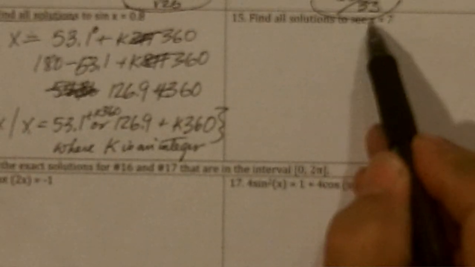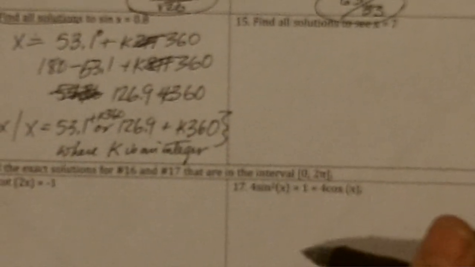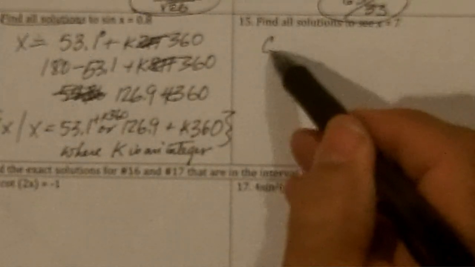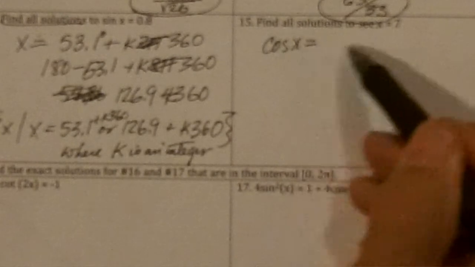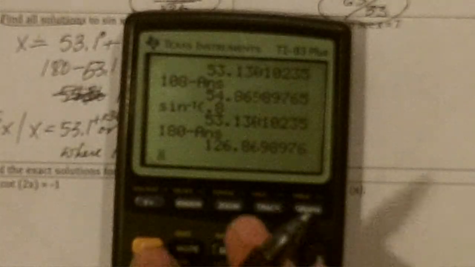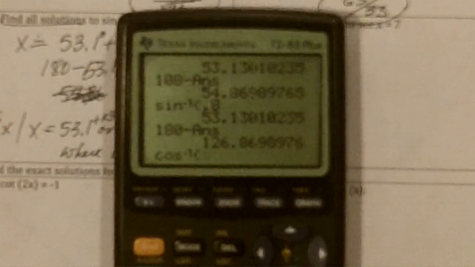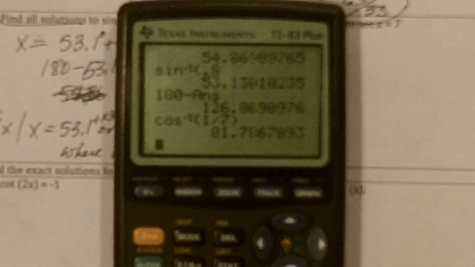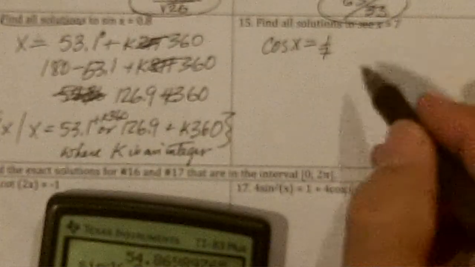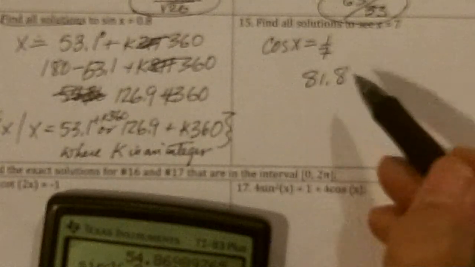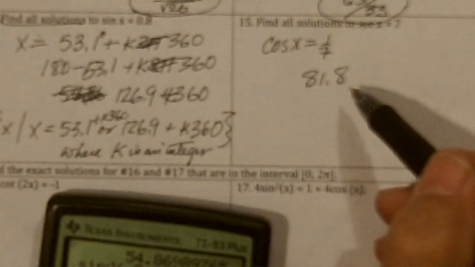Okay, where the secant of x is 7. Secant is 1 over cosine, so the cosine of x must be 1/7. So we do cosine inverse of 1 divided by 7, and it says 81.8 degrees approximately.